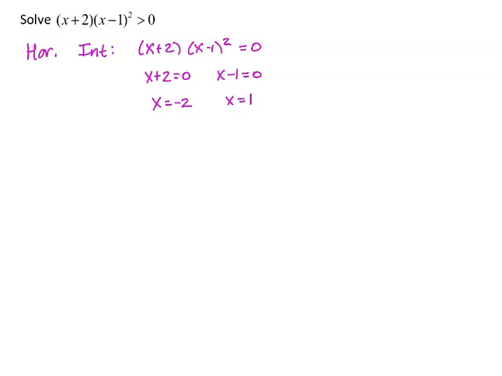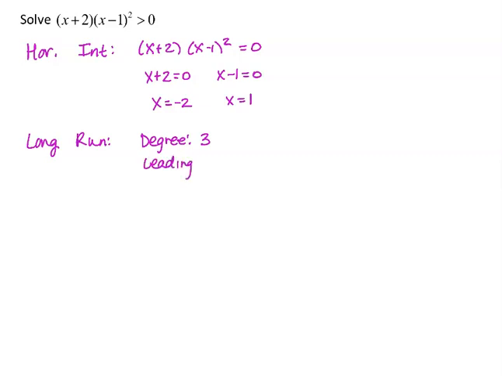Now let's think about the long-run behavior of the graph. What kind of shape do we have with our graph? Since we have one factor of x plus 2 and two factors of x minus 1, we have a total degree here of 3. There's 3 factors altogether. If we were to multiply those out, we would have an x to the third power.